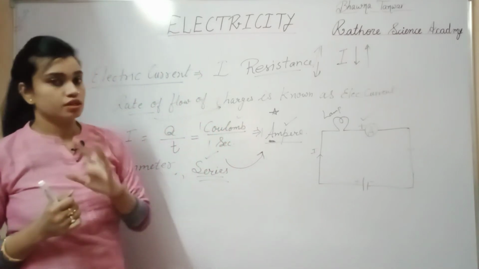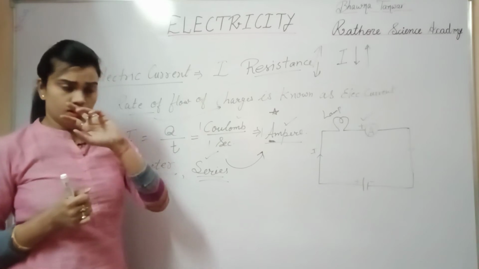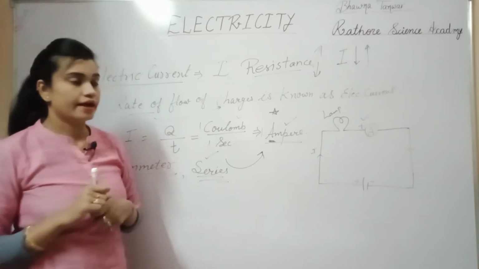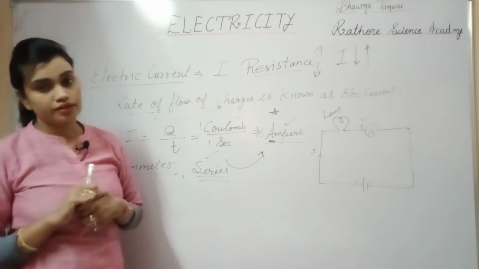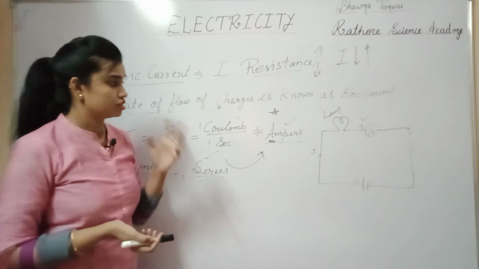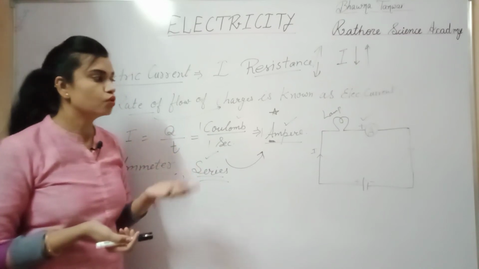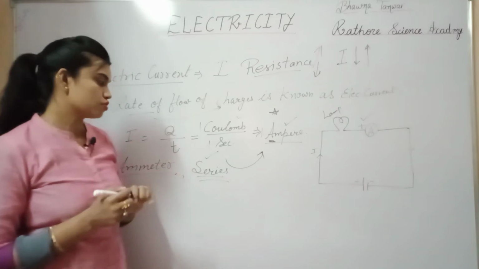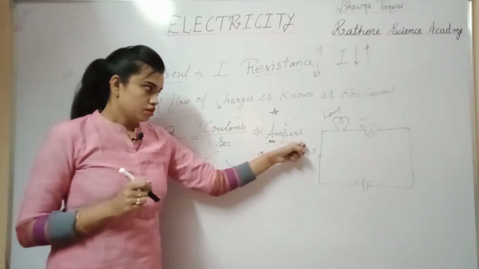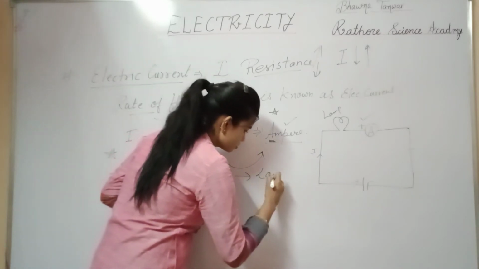The ammeter is never connected in parallel just because it has very low resistance, and if it is connected in parallel, it will draw a high amount of current. That's why the chances of burning the device are more. So you have to remember it is always connected in series because of its low resistance.